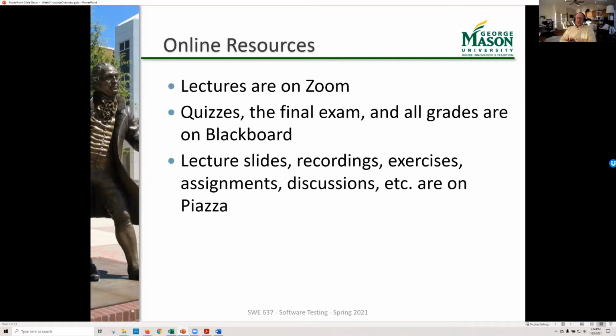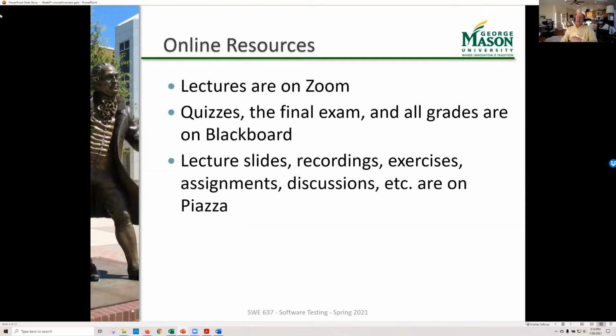Piazza changed their business model this last semester because their usage went up by about 1 bazillion. They are now contribution funded, and so you'll be getting some prompts asking you to contribute some money. I'm not going to tell you not to do that, but you don't have to do that.